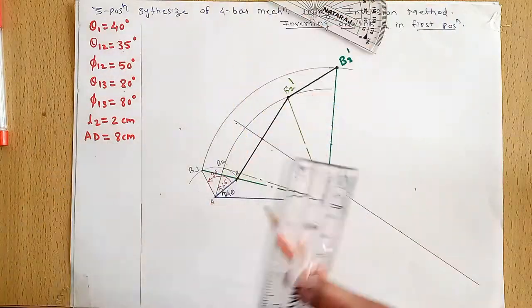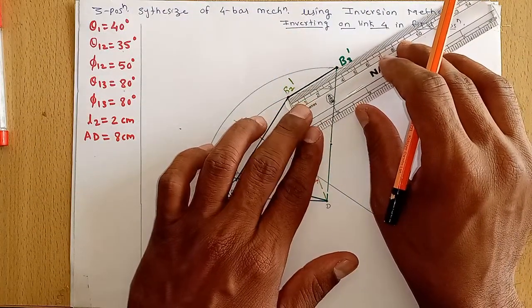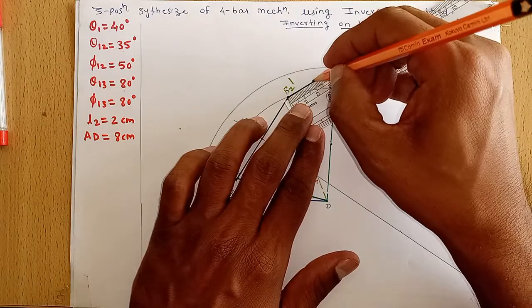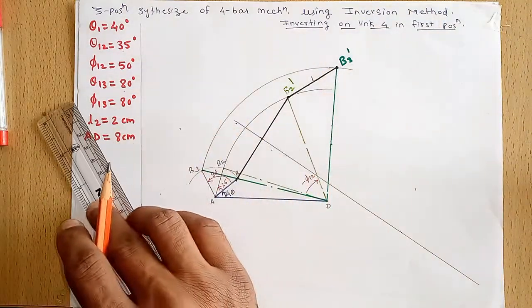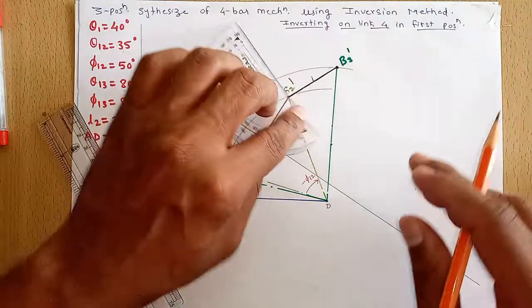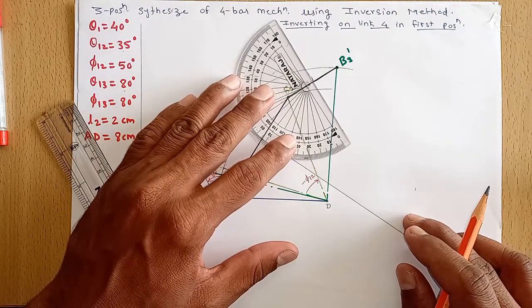Next we find the midpoint of B2 dash B3 dash. Total length is 4, so the center will be at 2. Now at 2 we will draw a perpendicular to this line B2 dash B3 dash.